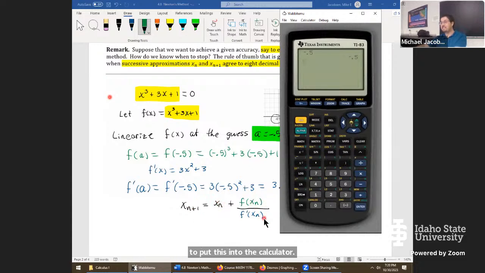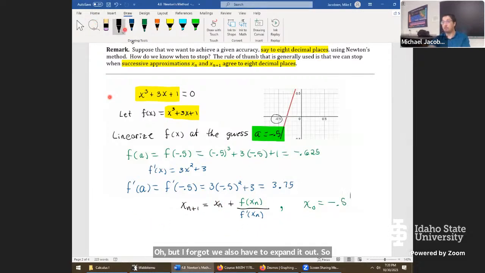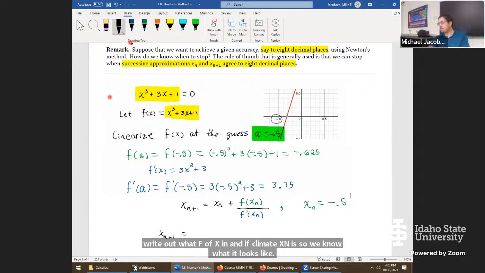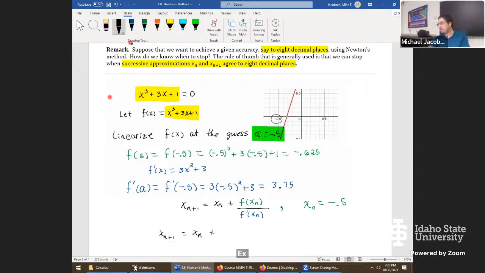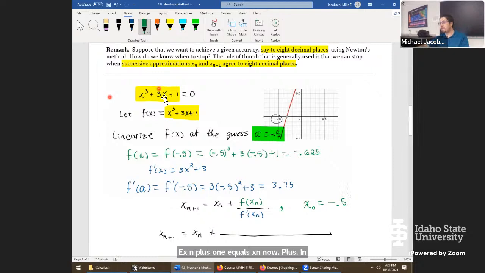So let's write out what f of x_n and f prime at x_n are, so we know what it looks like. x_{n+1} equals x_n, plus, in the numerator, f of x, it's right here, replace all the x's with x_n. It'll be x_n cubed plus 3x_n plus 1.